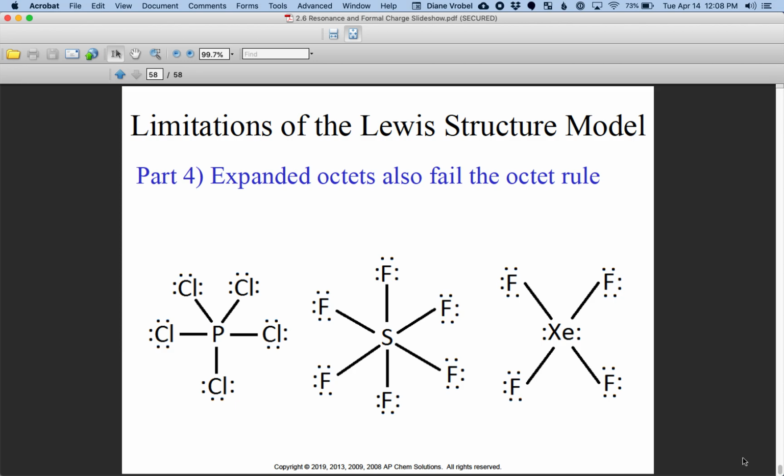So as a result, with the Lewis structure we have to think outside the box for these types of molecules. Okay, so we're eventually going to talk about molecular shape and the three-dimensional positions of the atoms with this type of information.